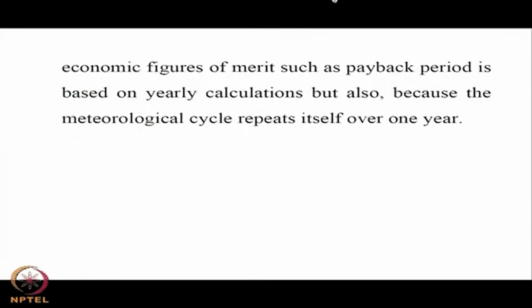So, because economic figures of merit are evaluated based upon annual performance, and if we find out the performance of the system over a period of 1 year, it will be typical for that particular year, and consequently you can expect that this is the saving or this is the performance of the solar energy system that you have put over the year.